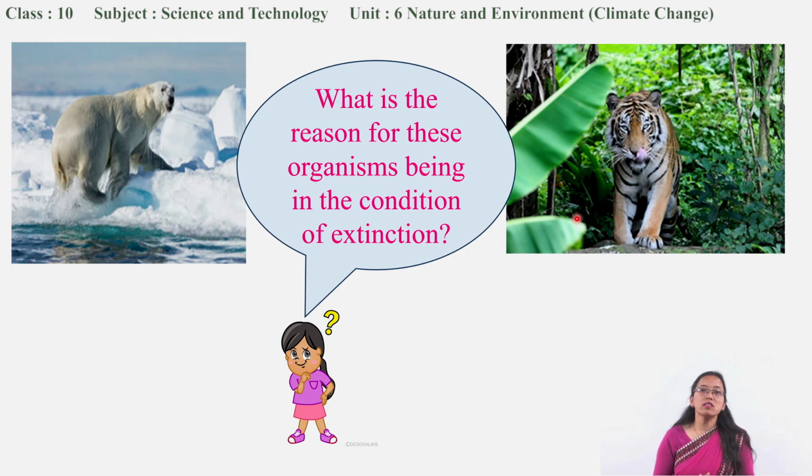Today we discuss all these things: how organisms are becoming extinct, what climate changes are occurring, and what the causes of these climate changes are. We will also discuss the types of causes of climate change.